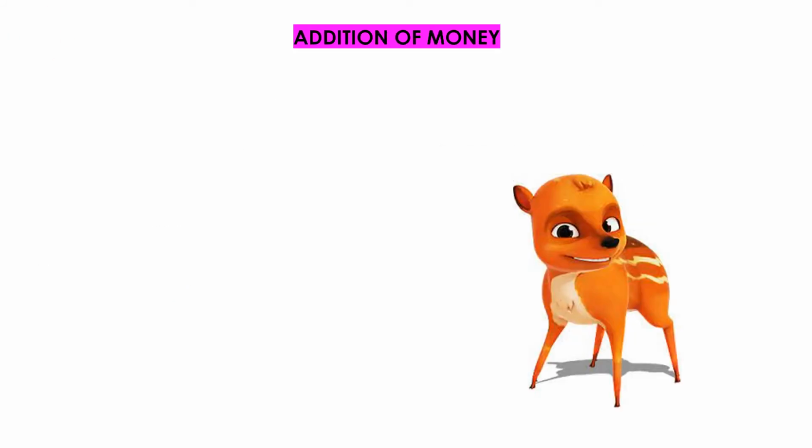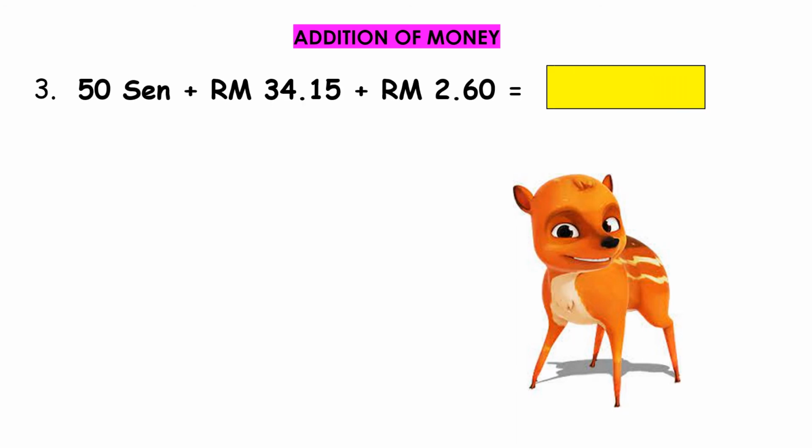Next, we go to our last example. Okay, number 3. 50 cent plus 34 ringgit and 15 cent plus 2 ringgit and 60 cent. So we will solve it by using standard written method as we had done before.